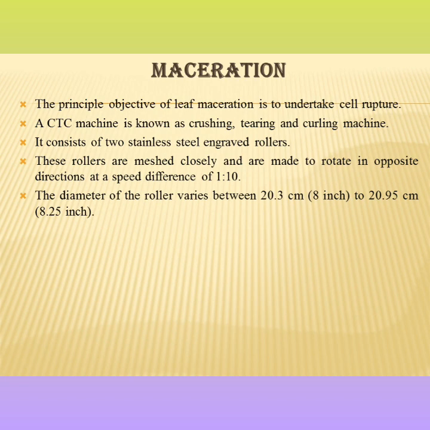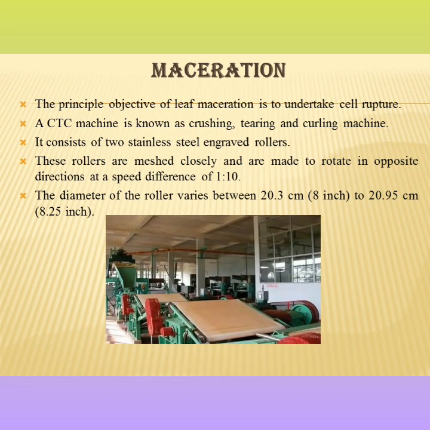After the rotor vane there is maceration. These are the rollers you set after the rotor vane. Two sets of rollers are there. It's a hammer-anvil mechanism that is actually going on. One roller is used to hold the leaf and another roller is used for hammering the leaves. That hammering is for crushing purposes, then the tearing and curling, that is, the CTC process, goes on.